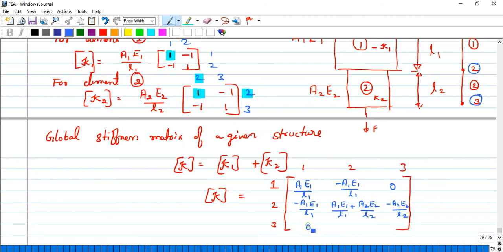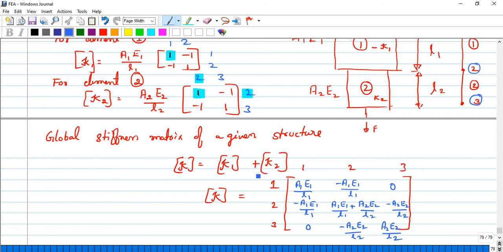Here the first element will be 0, followed by minus A2 E2 by L2, and here A2 E2 by L2. So this will be the global stiffness matrix.